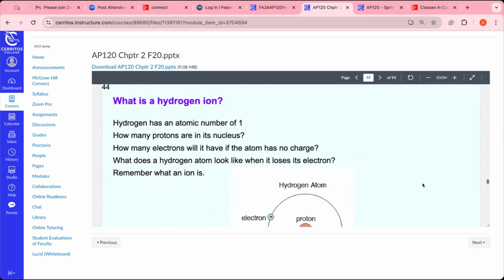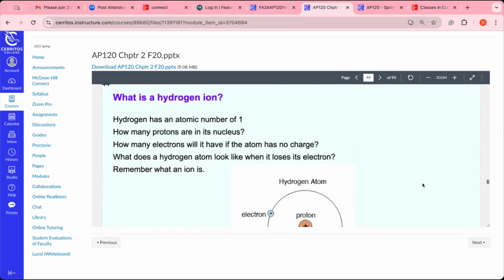What is a hydrogen ion? Okay, well, hydrogen has an atomic number of 1. We know that. So if the atomic number is 1, how many protons are in the nucleus?